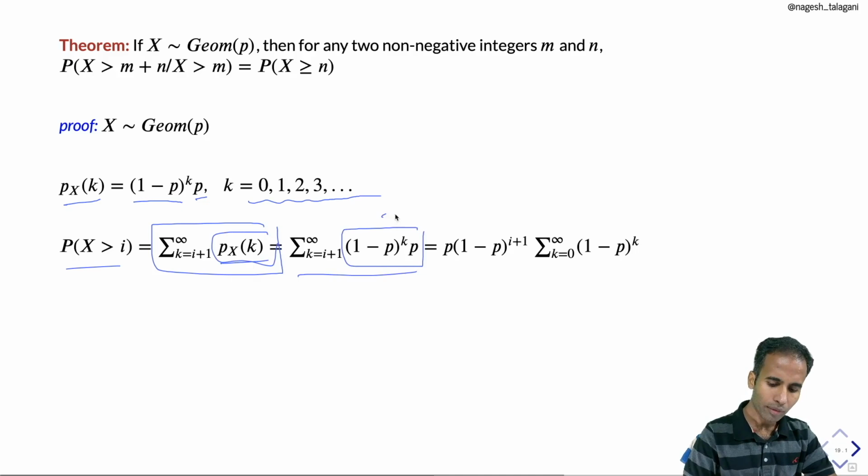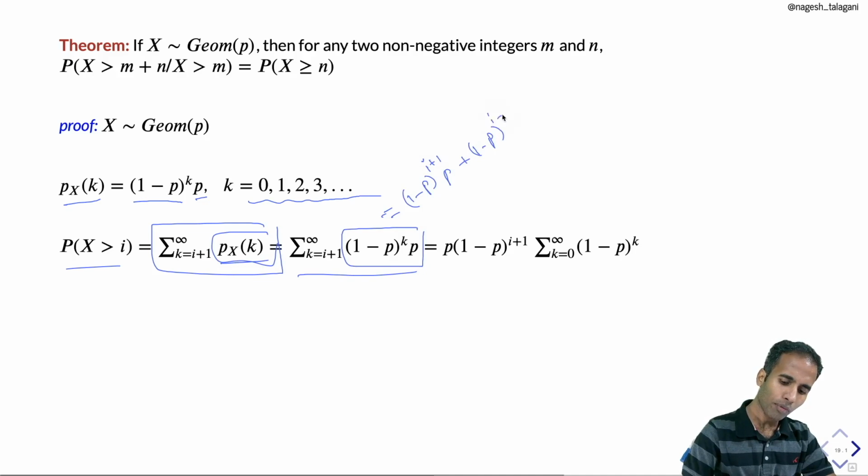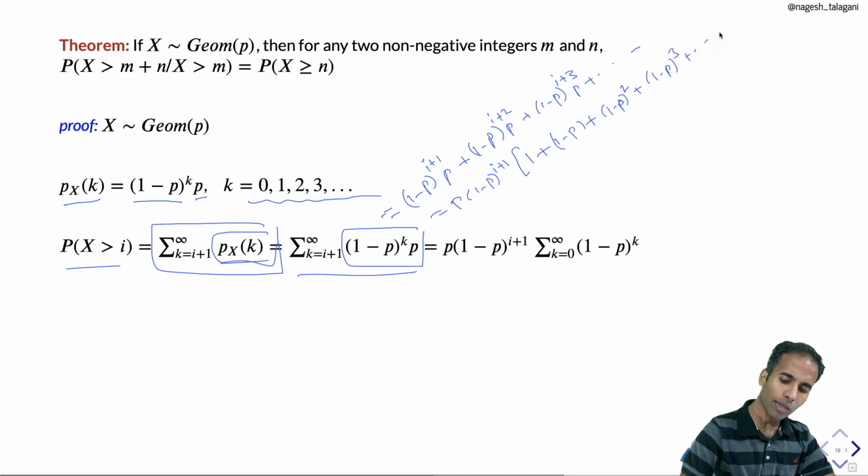So in this summation, the first term is (1 minus p) to the power of i plus 1 times p, then (1 minus p) to the power of i plus 2 times p, then (1 minus p) to the power of i plus 3 times p, and so on. If you take p times (1 minus p) to the power of i plus 1 common, then you will have 1 plus (1 minus p) plus (1 minus p) square plus (1 minus p) cube, and so on.